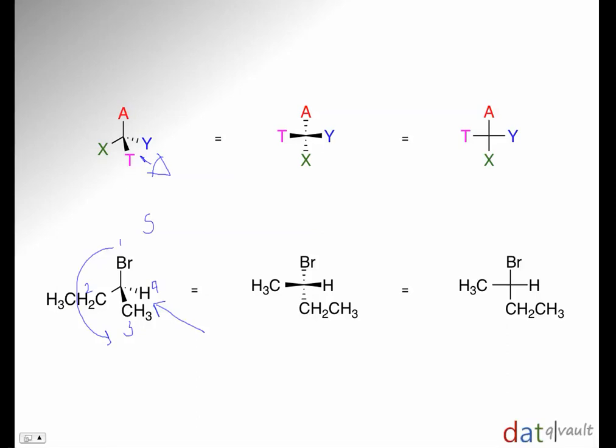This would be S-2-bromobutane. When we look at the Fischer projection, we notice that if we're looking down between these two atoms, the hydrogen actually comes out and points towards us. So we label the substituents in the same exact manner, and then we rotate going from the highest priority to the lowest priority substituent.